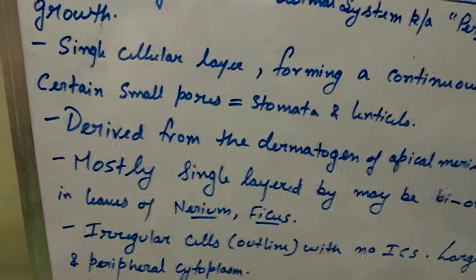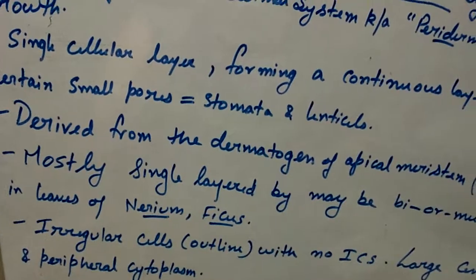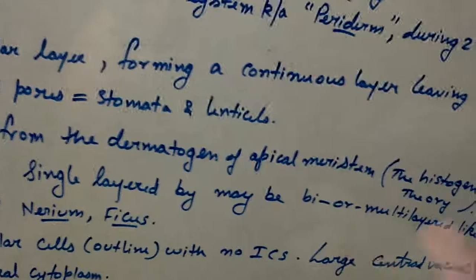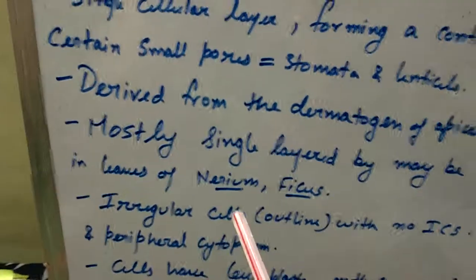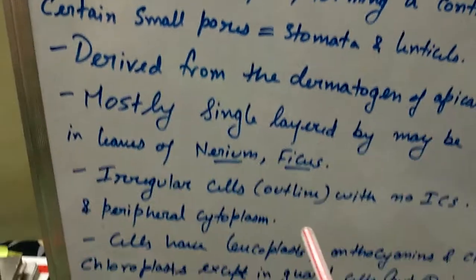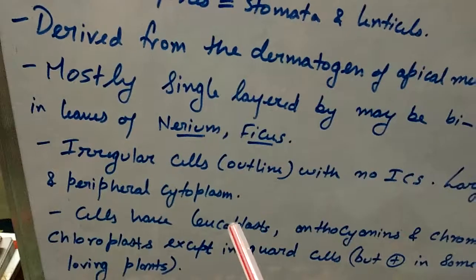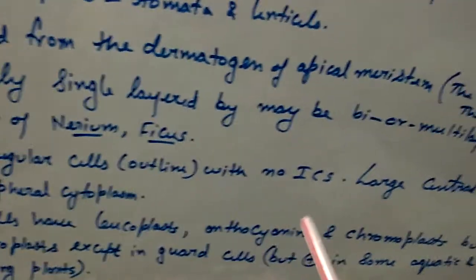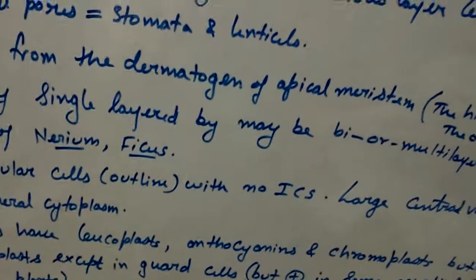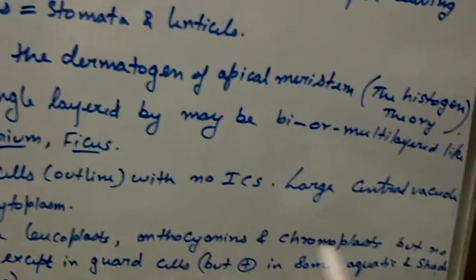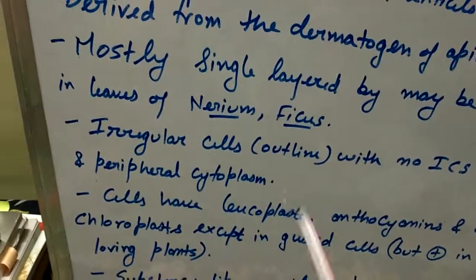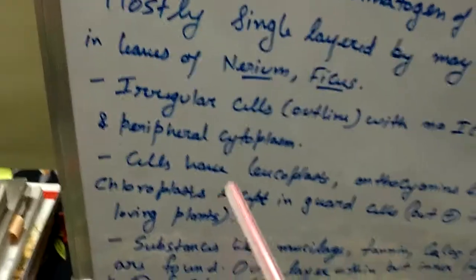So epidermis is a single layered tissue system, but it may be bi or multi-layered, as in case of leaves in nerium and ficus. The cells are irregular in outline, without intercellular spaces, without any gaps, and have a large central vacuole and peripheral cytoplasm. So there is a large central vacuole with peripheral cytoplasm.